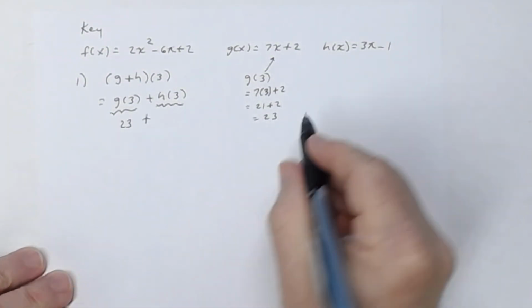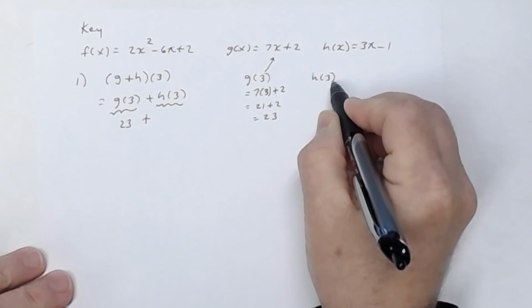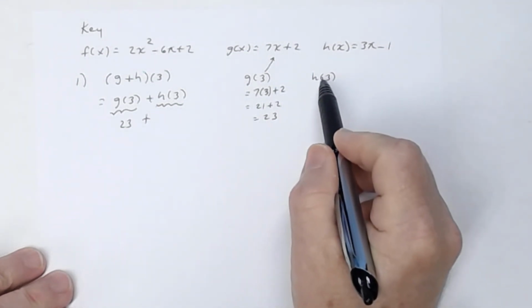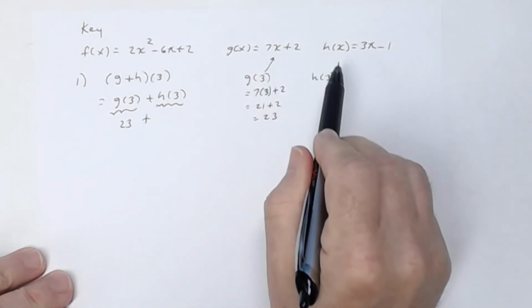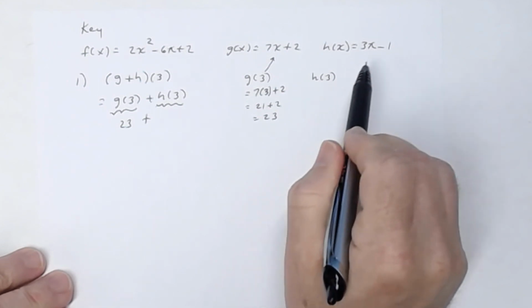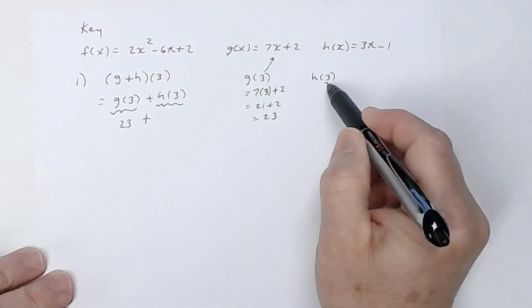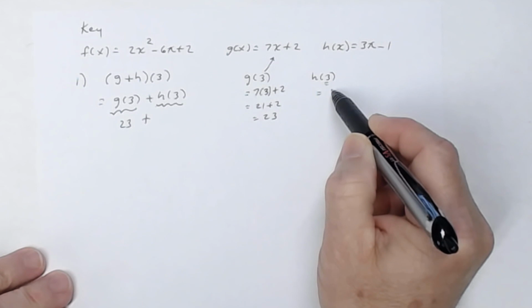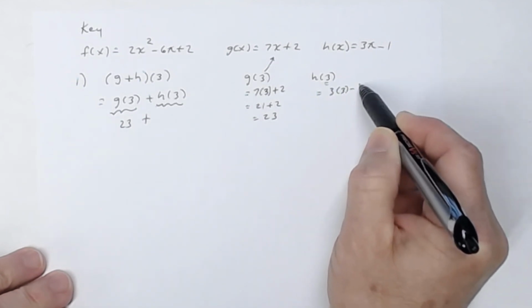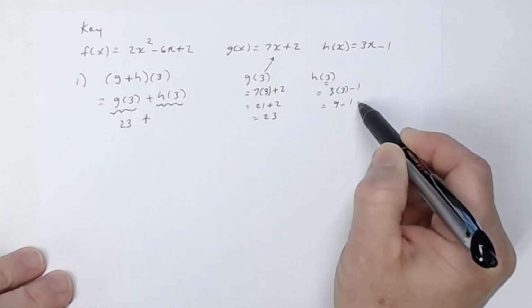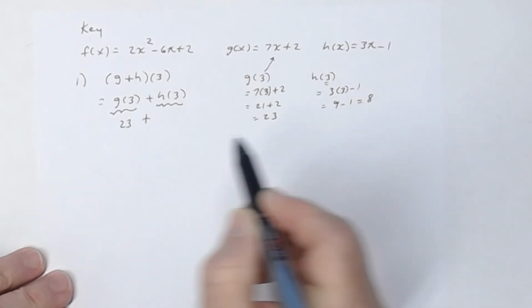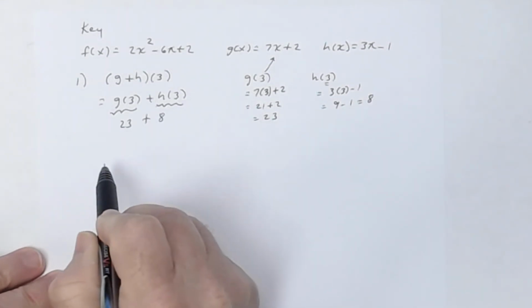Now let's find h of 3. We're going to do the same thing. We go to my function h of x, which is this one here, and wherever we see the variable x, we substitute 3. So this becomes 3 times 3 minus 1, so that's 9 minus 1, which is 8. So h of 3 becomes 8.